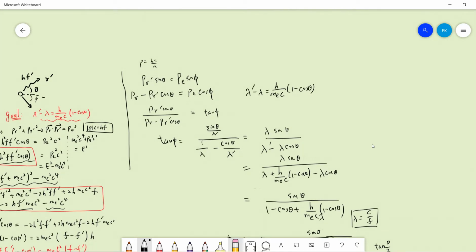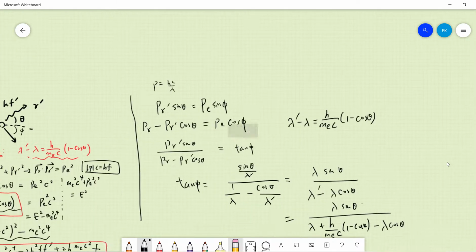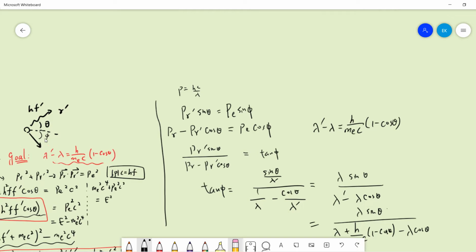Don't worry. The proof idea is that we want to get this angle phi. Momentum conservation in the y direction tells you that p_e sine phi equals p gamma prime sine theta, and momentum conservation along the x axis gives you p gamma minus p gamma prime cosine theta equals p_e cosine phi.